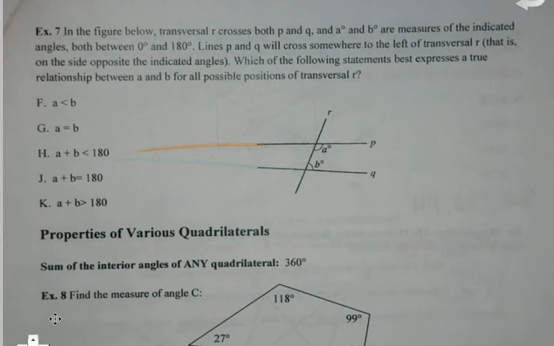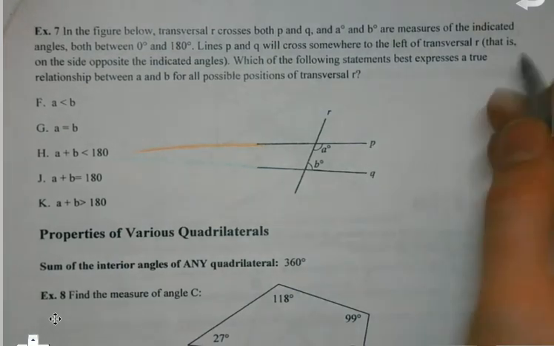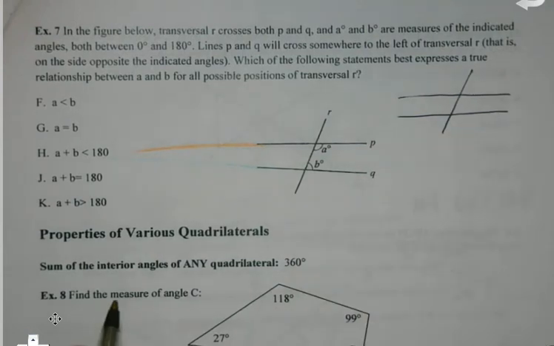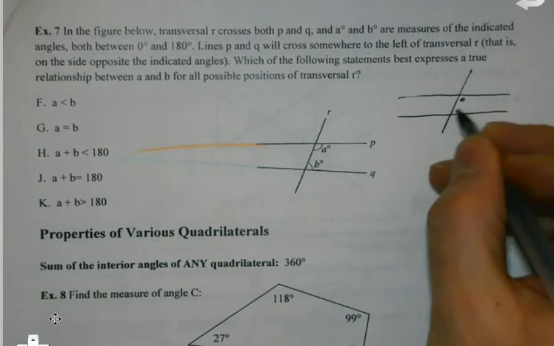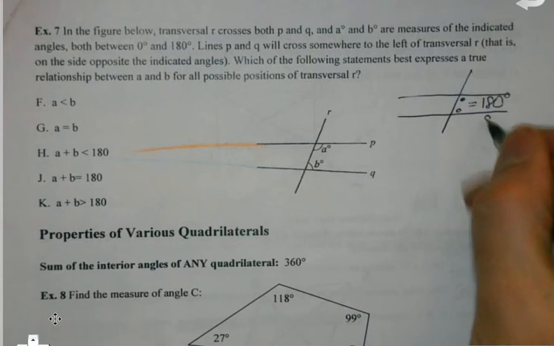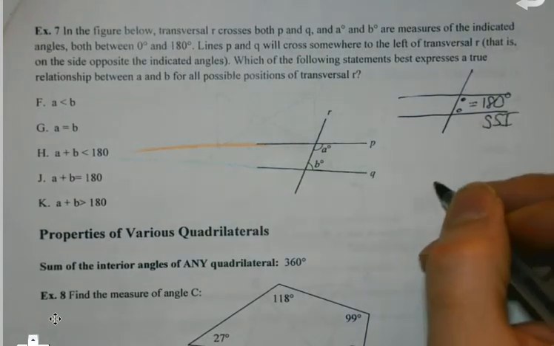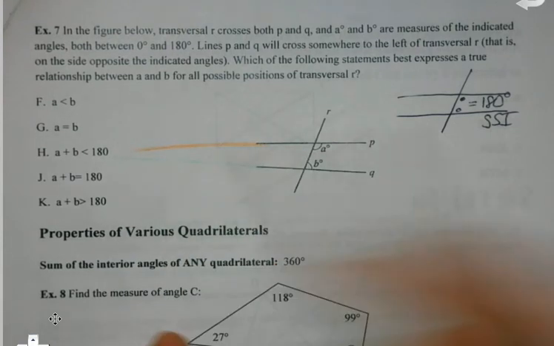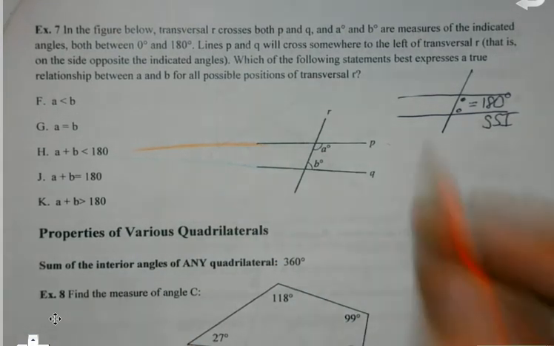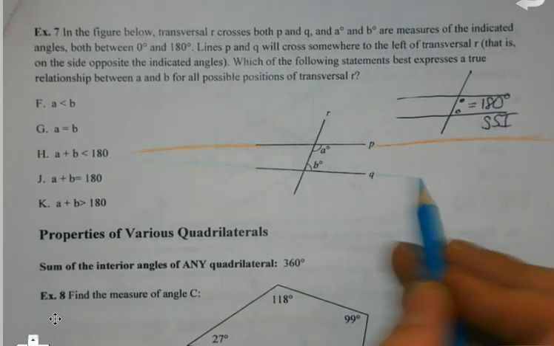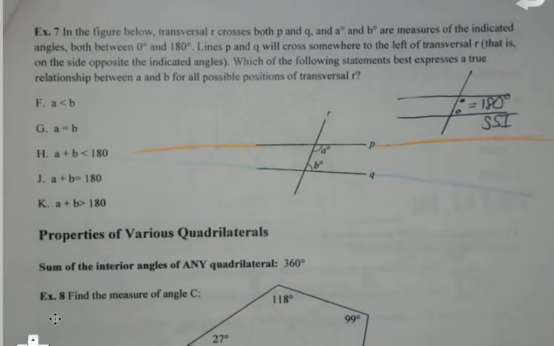Now, here's where we got to think a little bit. Let's just say these two lines would have been parallel to each other, and these two aren't. If they were, these two angles on the inside would have to equal 180 degrees because they'd be same side interior. But if I look at this and I say, okay, these are coming together, that means as I continue out to the right, these two lines are going to get further and further apart.